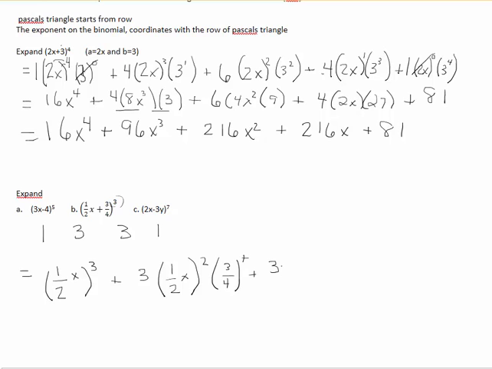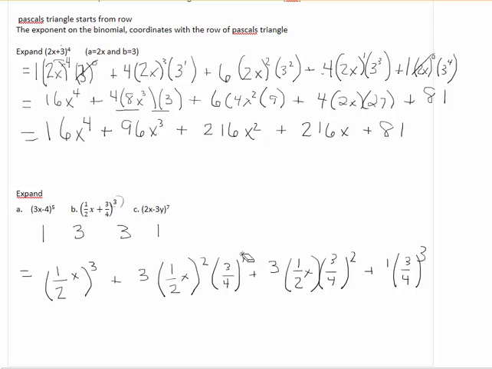Again, Pascal's triangle has the 3 as the coefficient, 1/2 x to the power of 1, which we don't need to show anymore, and 3/4 increasing squared. And our very last term, a coefficient of 1, 1/2 to the power of 0, we don't need to show, and we have 3/4 to the power of 3.